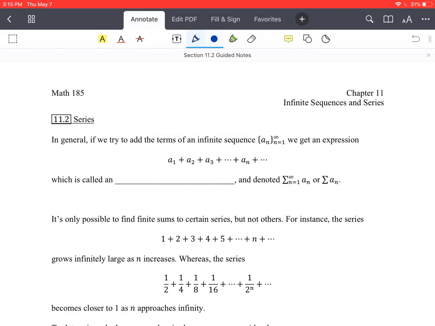Now for this section, we're going to be looking at what happens when we start adding terms of these infinite sequences. So in general, if we try to add the terms of an infinite sequence, we get an expression a1 plus a2 plus a3, etc., all the way up to an infinite value. And this is called an infinite series.